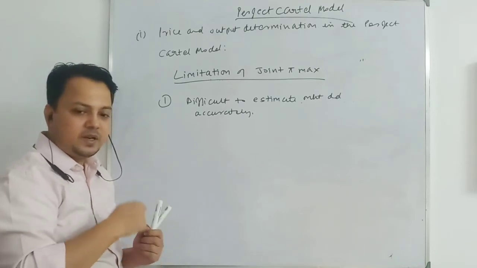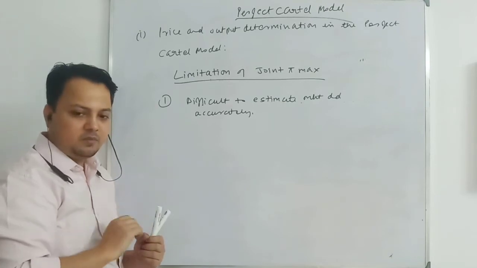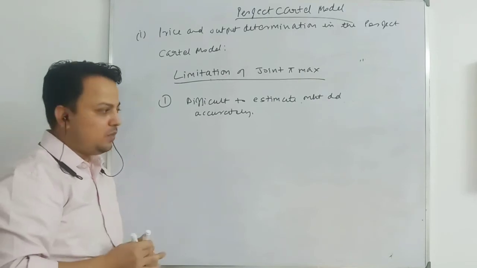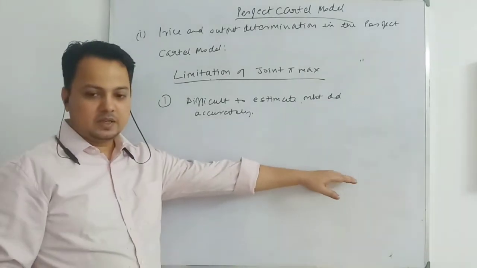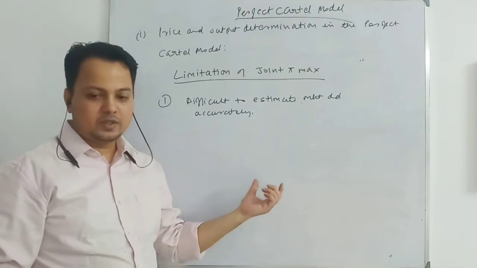So when they are estimating their marginal revenue, they will think that their demand curve is more elastic, but the industry demand curve is not that elastic. So you can get a wrong estimate.